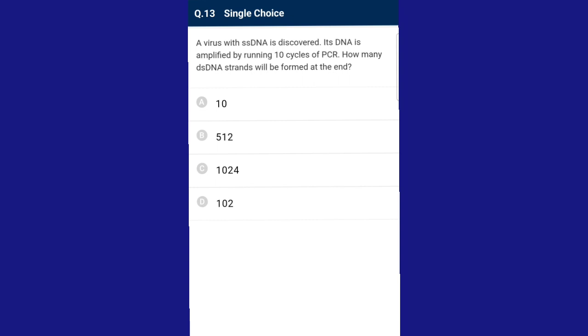In this process, DNA is replicated multiple times by adding synthesized primers which attach to the denatured DNA strand and are extended using the thermostable polymerase enzyme Taq polymerase obtained from the thermophilic bacterium Thermus aquaticus. So the answer is B, 512.